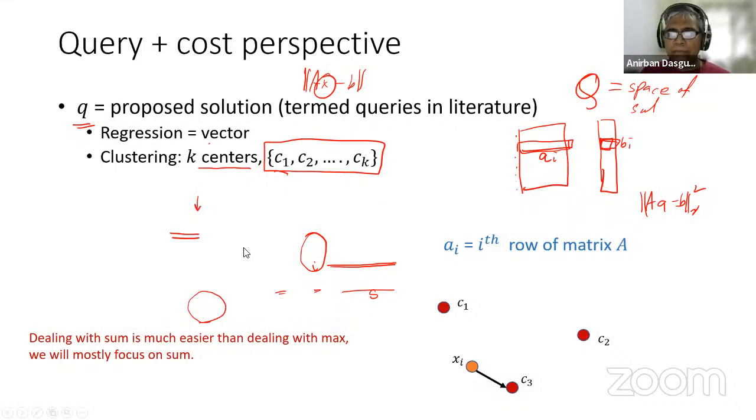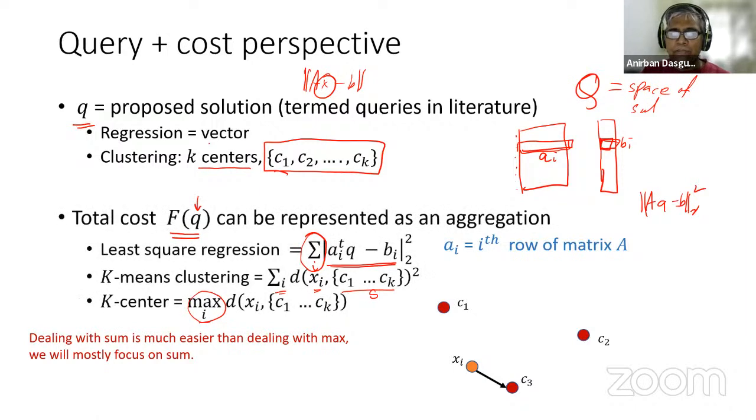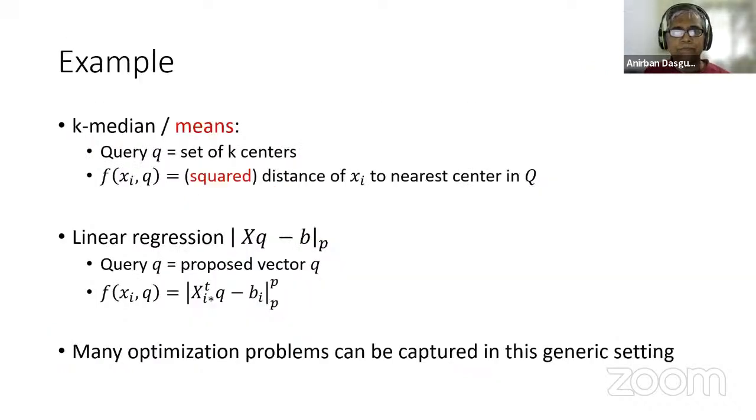Okay. So basically, my point is that a lot of such problems can be represented in this abstract setup: a query, then a pointwise cost, and then the aggregation of this pointwise cost. So we will talk about it in that setup.